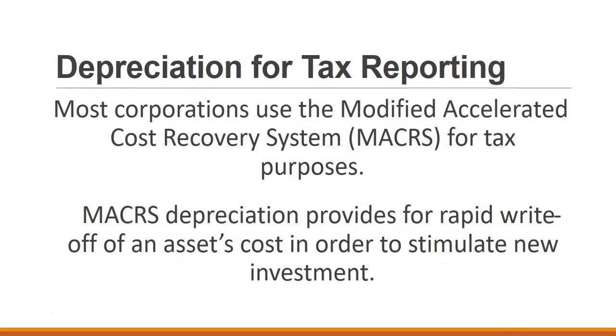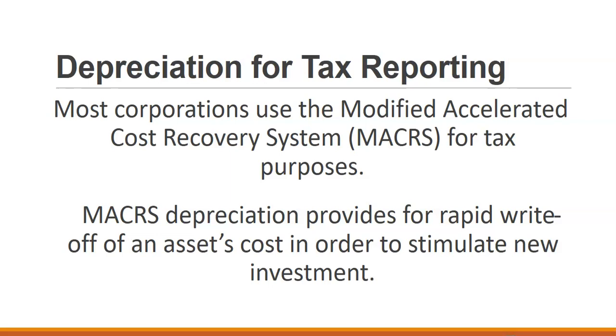For tax reporting purposes, we use what is called MACRS. MACRS is a modified accelerated cost recovery system. This is the IRS's depreciation method. It's a rapid write-off of an asset's cost in order to stimulate new investments in the company.